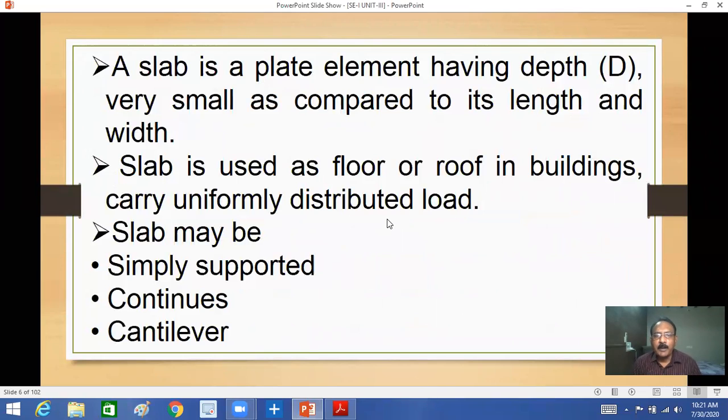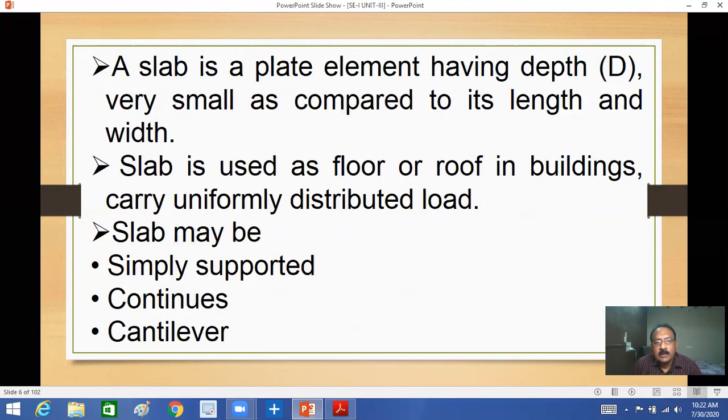A slab is a plate element having a depth very small compared to its length and width. Your slab is generally 3 to 5 meters, 3 by 4 meters, 3 by 6 meters, sometimes 4 by 8 meters. Your classrooms may be 12 meters by 15 meters, and of course you will provide beams in between, say 4 meters by 12 meters.